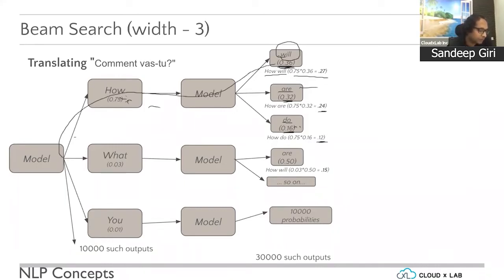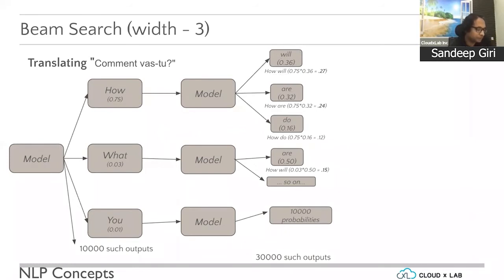So the probability of "how" is multiplied with this. Remember the conditional probability? This is how it works. Reaching "how" is 75% probable, so reaching "will" is 75 multiplied by 36%, and divided by 10,000 because of the denominator.